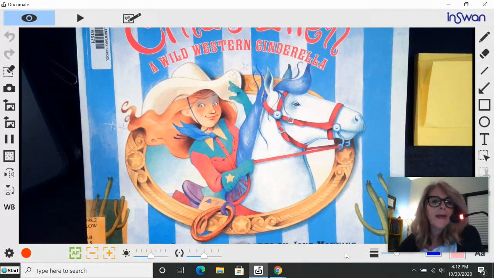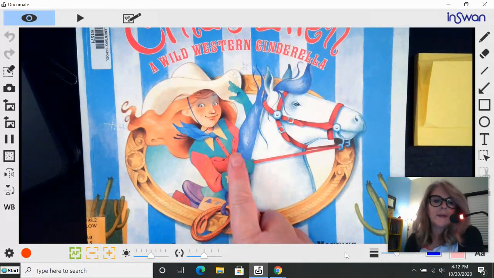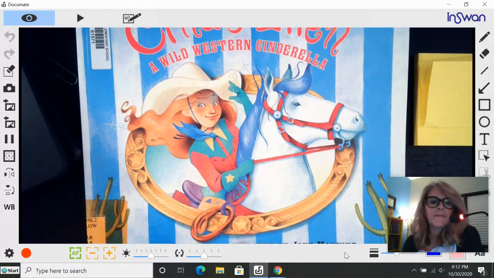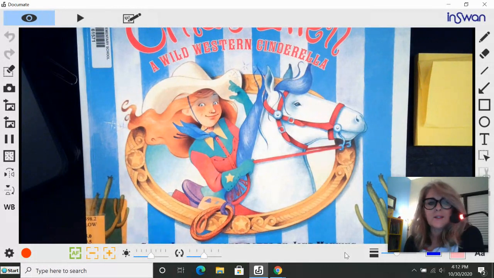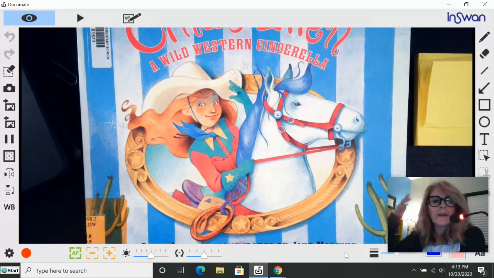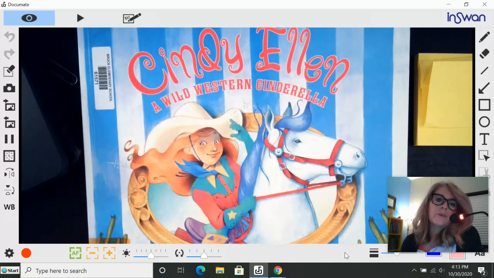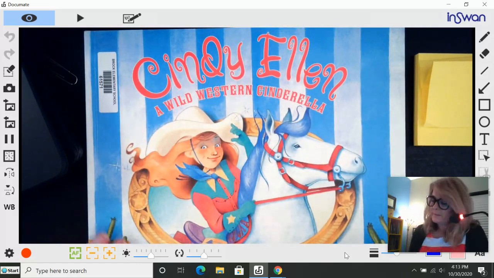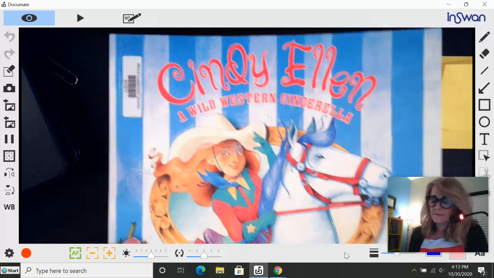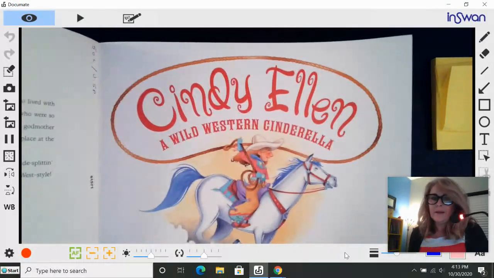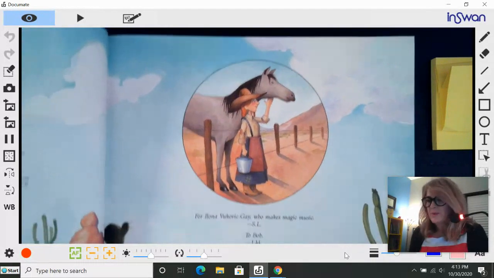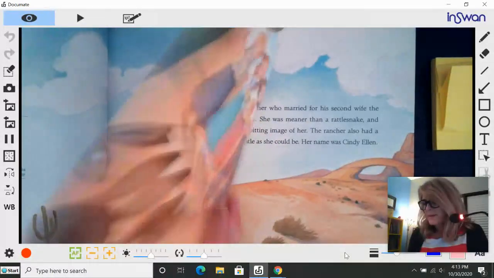She's got a cowboy hat on. She's got a little bandana, western outfit. So right away, in my mind, I'm thinking, well, this doesn't look like the typical Cinderella with her ball gown and her hair done up and her glass slippers. So right away, we can see some contrast to this story. Okay, so as I read the story, I want you to be thinking about those things that we talked about.